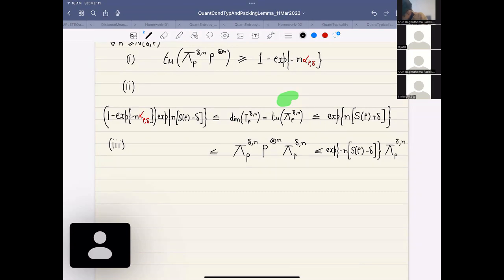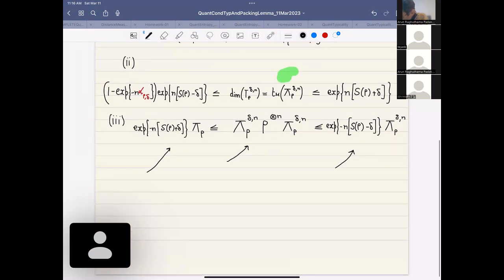Each eigenvalue is upper bounded, that's the point here. And on the other side I have exp minus n times S of rho plus delta, a smaller quantity, times pi rho. So this is an operator inequality. This operator dominates this operator, and this operator dominates this one. So the eigenvalues are squished.